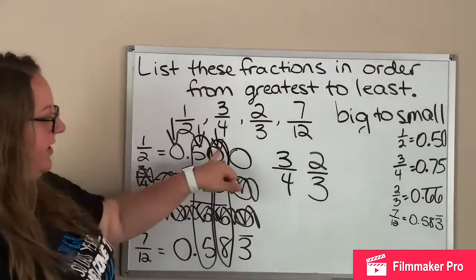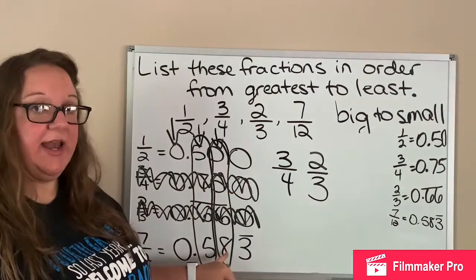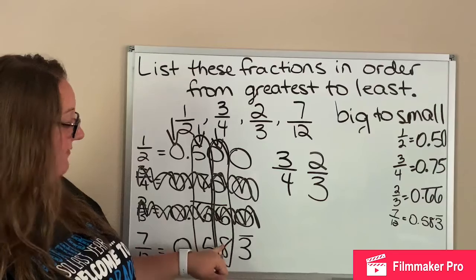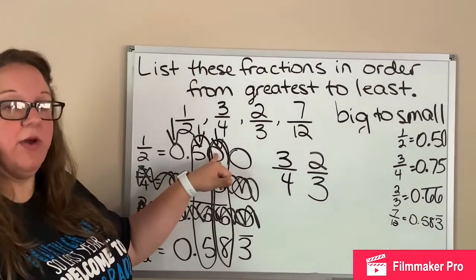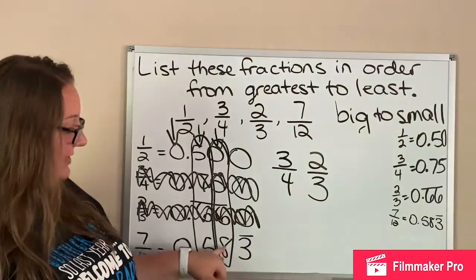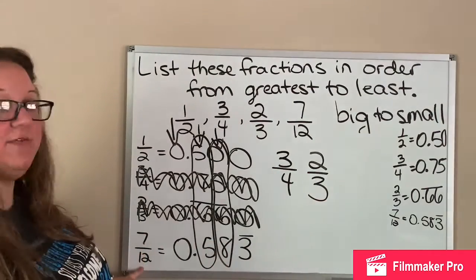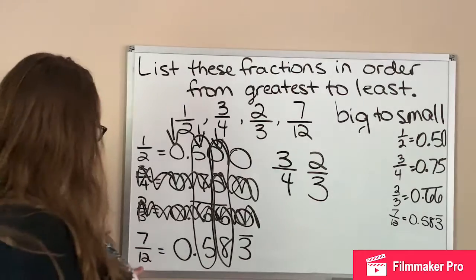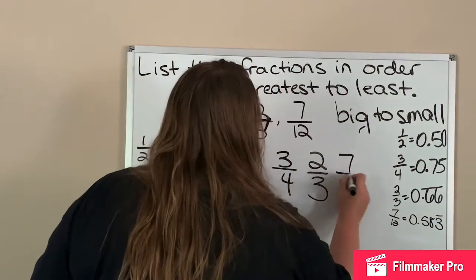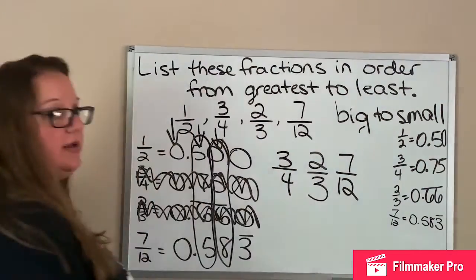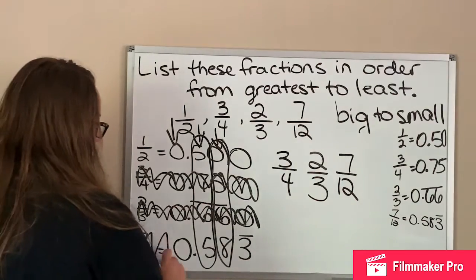Okay, so up here I've got a 0, down here I've got an 8. I can tell which one is bigger, and it is the 8. So my next fraction that I'm going to have over here on my list is 7/12. Then I can mark this one out.